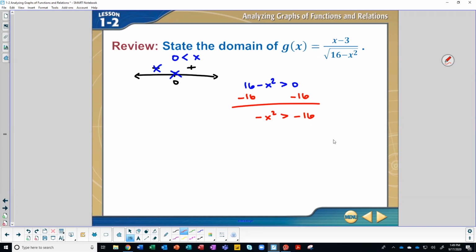Now, how do I get rid of the negatives? Basically, can I just flip the sides here? Can I add x squared and add 16? I'm actually going to do it this way. Is this the same thing? If I add x squared and add 16. So I added 16 to both sides. I added x squared to both sides. I'm here. Okay, now what?